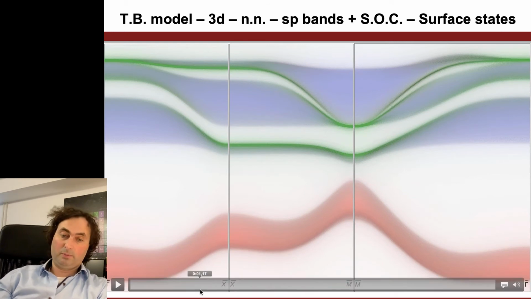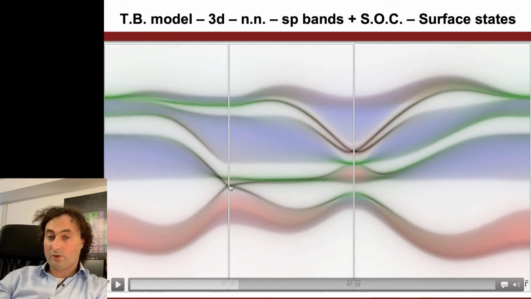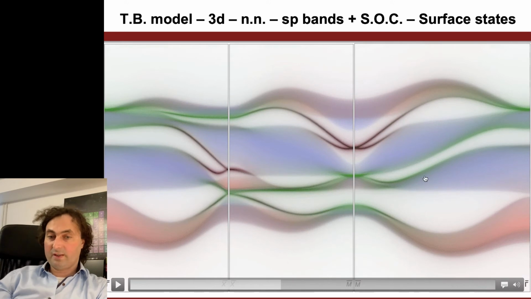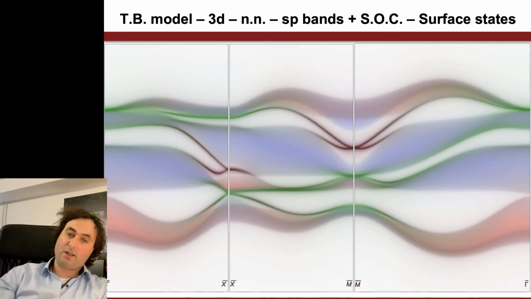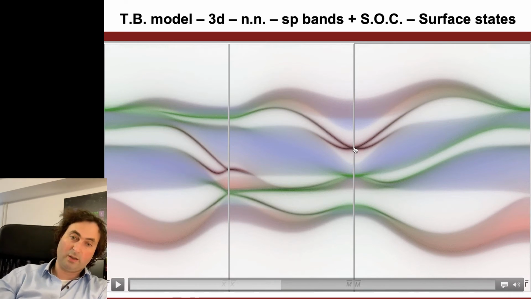When we then go to the surface, at the surface there is no inversion symmetry. So we can lift this degeneracy between the state at plus and minus k. And that is exactly what happens here. At your TRIM points, the space inversion brings k back to minus k, so plus and minus k are equivalent, such that you still must have a twofold degeneracy at these high symmetry points.